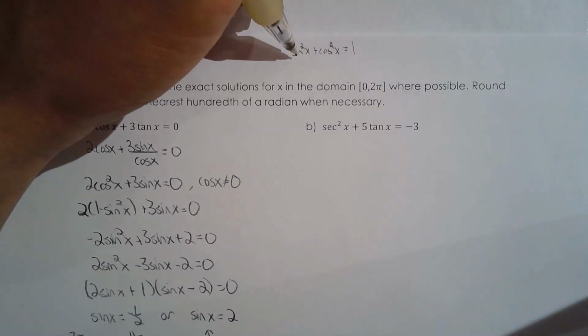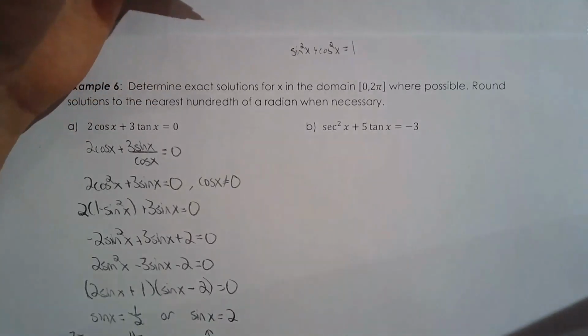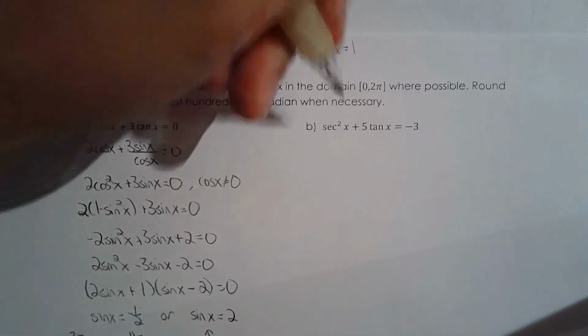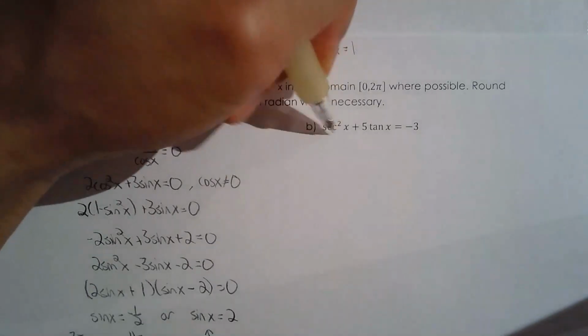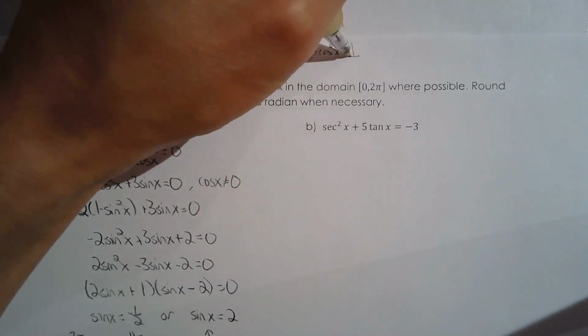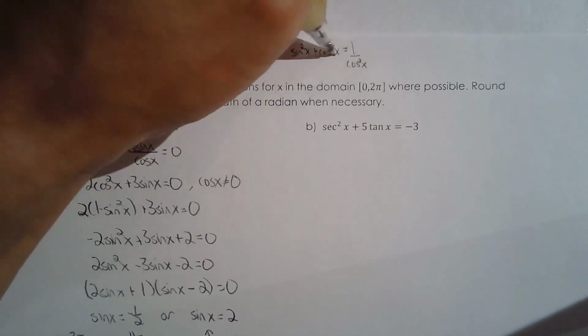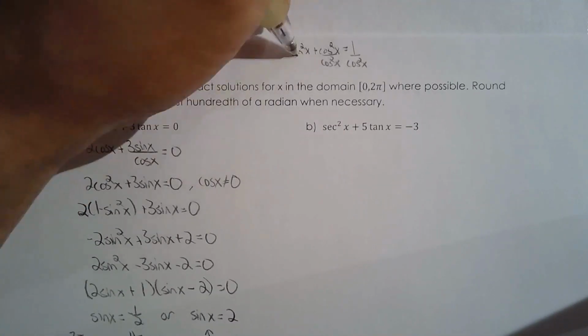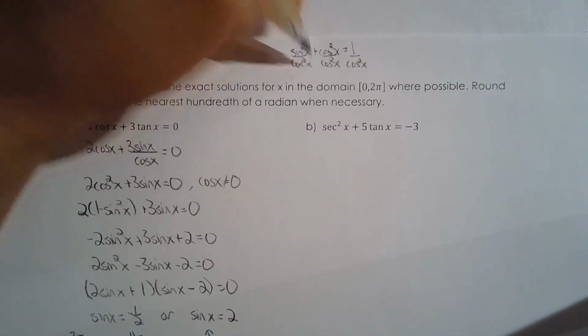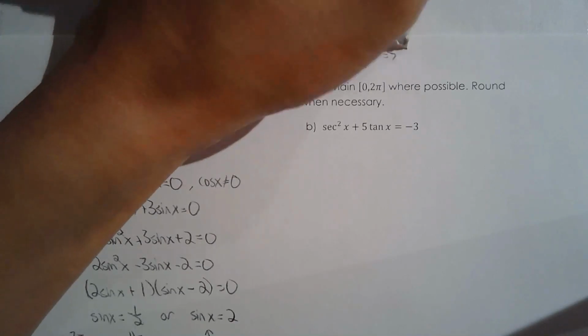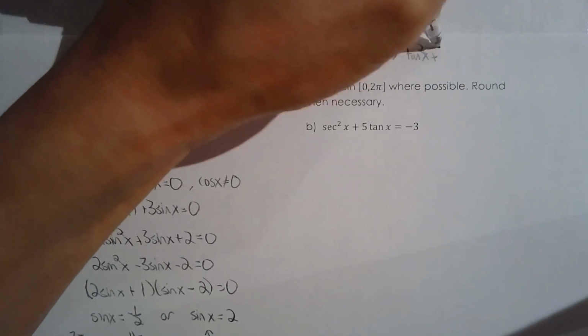Well, what is secant? Secant is 1 over cos. Since I want secant squared, I'm going to divide by cos squared x, cos squared x, cos squared x. So that will give me tan squared x plus 1 equals secant squared x.